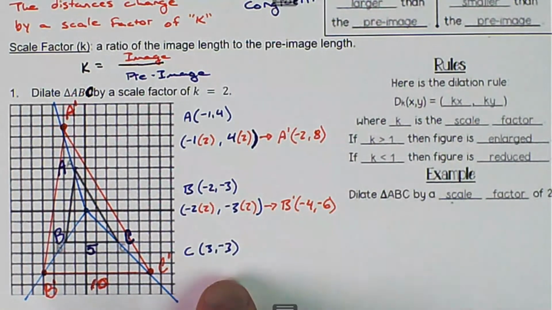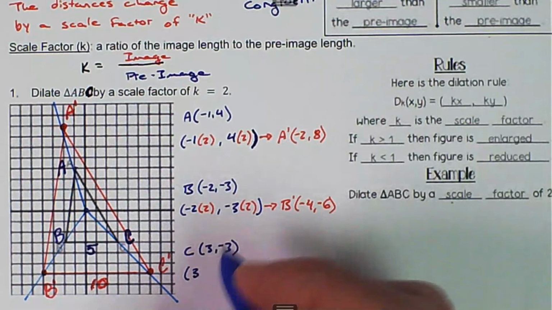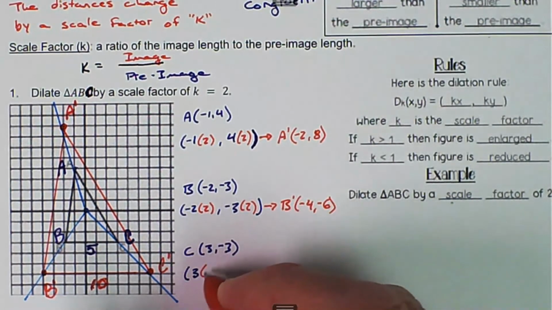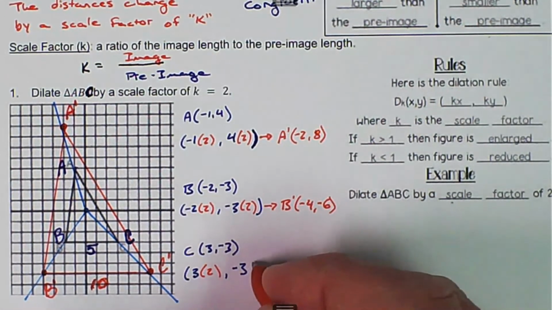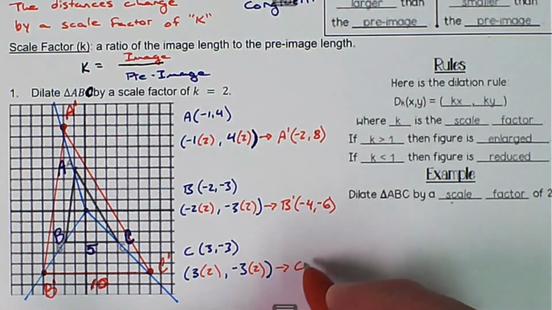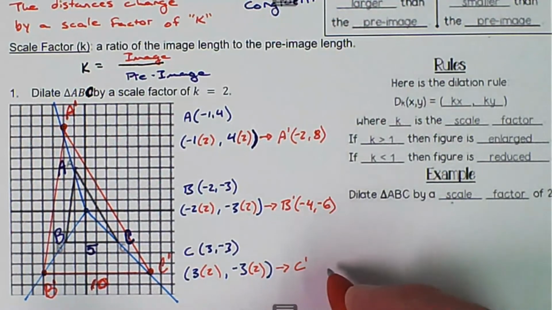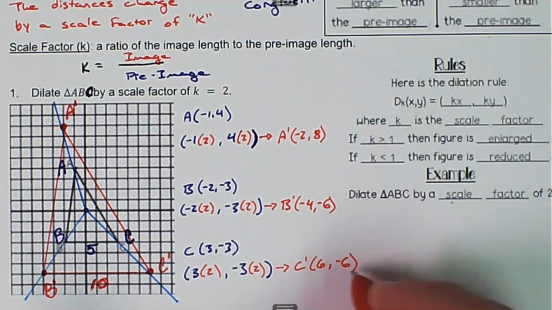Then we have our last point here of C, where we take the X value and multiply it by 2, and we take the Y value and multiply it by 2. And that will give us C prime. 3 times 2 is 6. And -3 times 2 is -6.